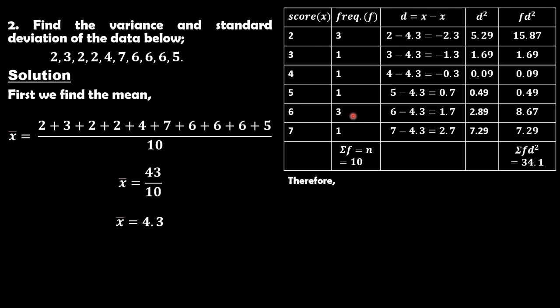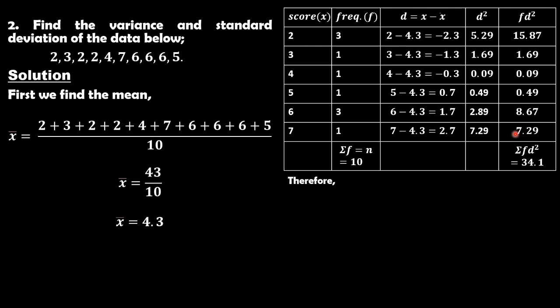But in this case, the frequency here is 3. So we multiply 3 to 2.89. 3 multiplied by 2.89 gives us 8.67. And 1 multiplied by 7.29, the answer remains 7.29.